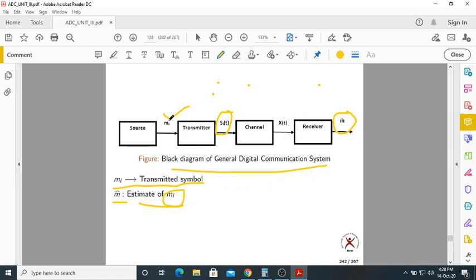We cannot transmit the symbol Mi directly, so we need to make it suitable for transmission over a channel. That is done by the transmitter. If we give Mi, the transmitter will produce the corresponding Si(t), which is suitable for transmission over a channel.